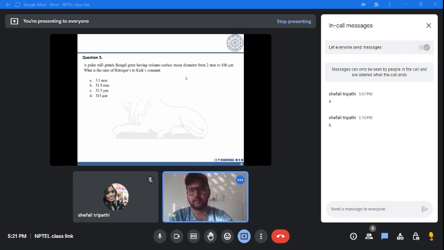Again, we have a question: a pulse mill grinds Bengal gram having volume surface mean diameter from 2 millimeter to 100 micrometer. What is the ratio of Rittinger's to Kick's constant? Here we need to find out the ratio of Rittinger's to Kick's constants.